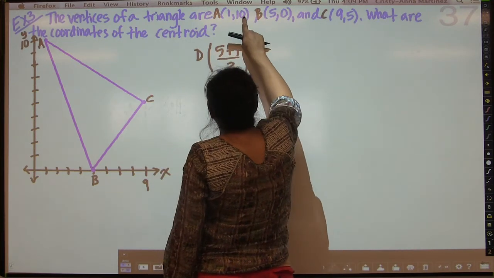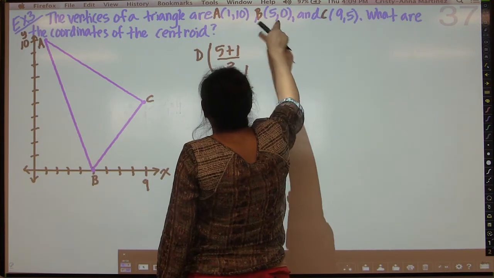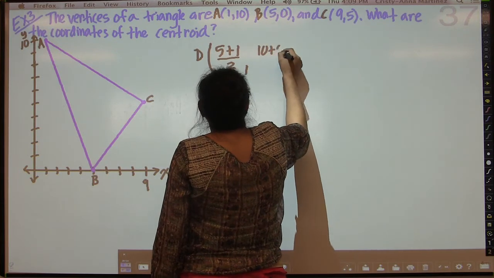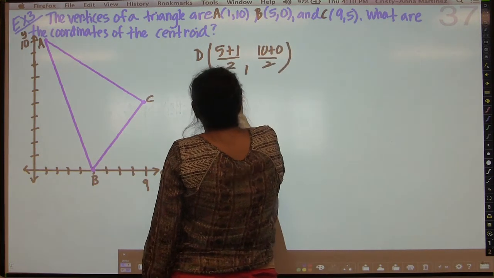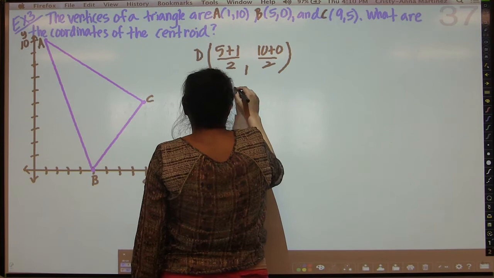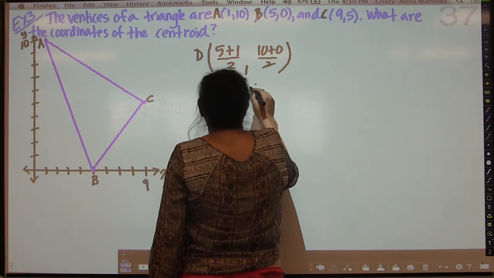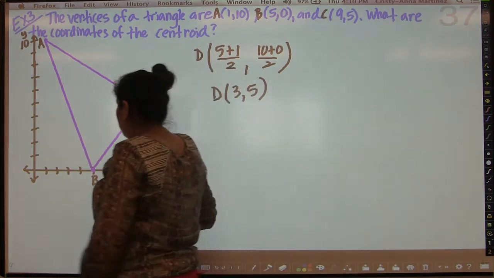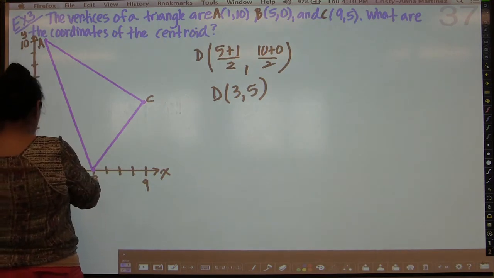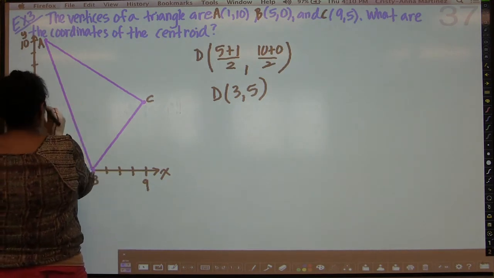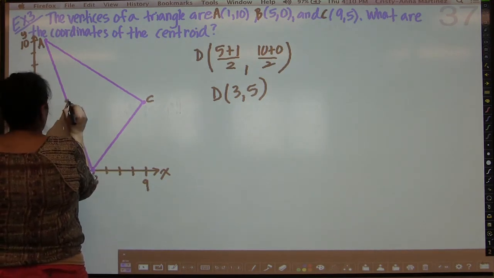Then the y-coordinates of A and B, 10 and 0, and divide by 2. So 6 divided by 2 is 3, and 10 divided by 2 is 5. The point (3, 5) is right about here.